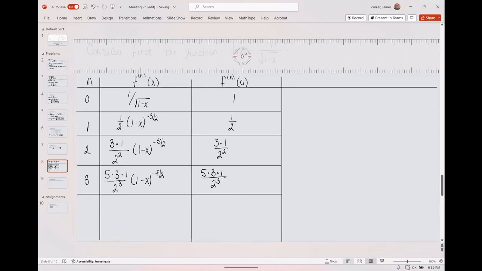Let's check out one more just to be certain. What is the fourth derivative? So 1 times 5 times 3 times 1 over 2 to the power of 4, multiplied by 1 minus x to the power of minus 9 over 2.